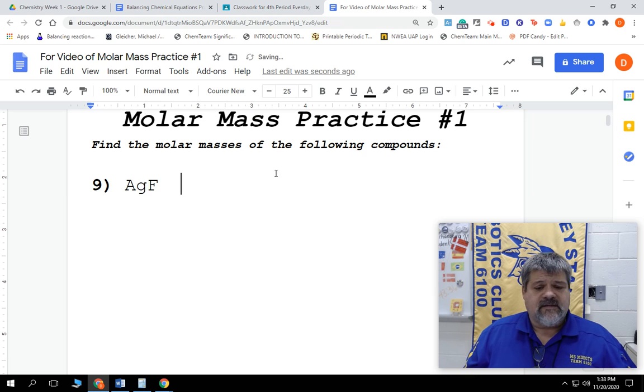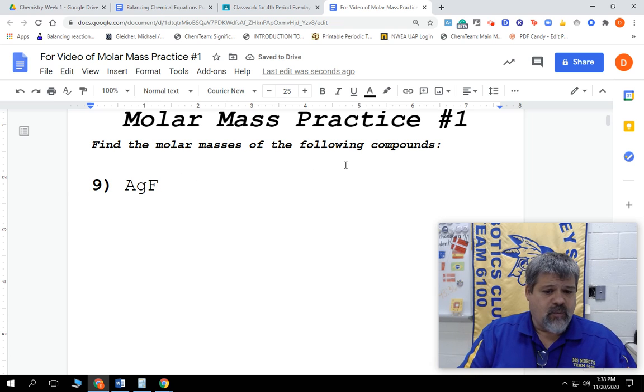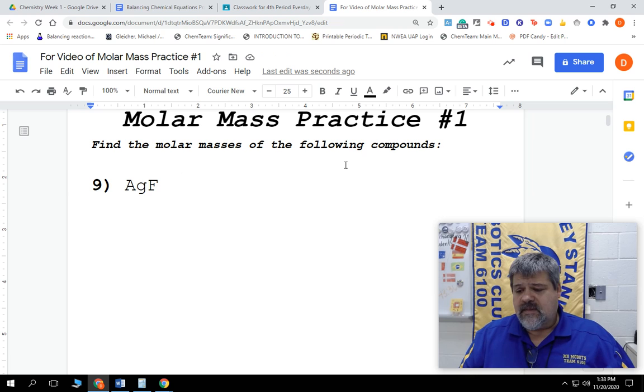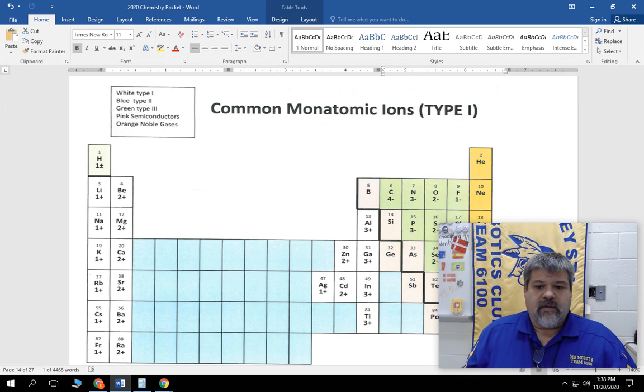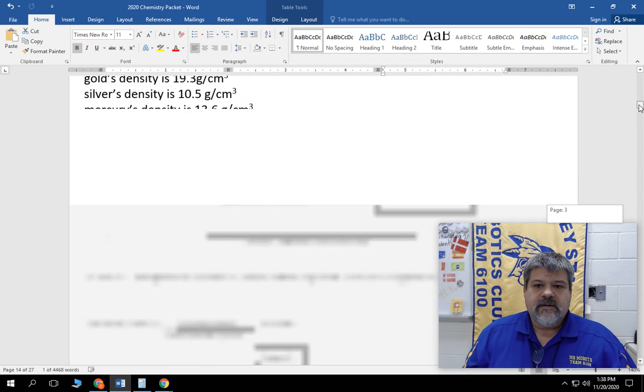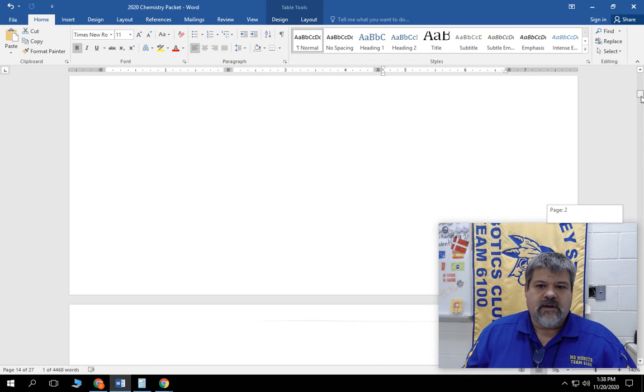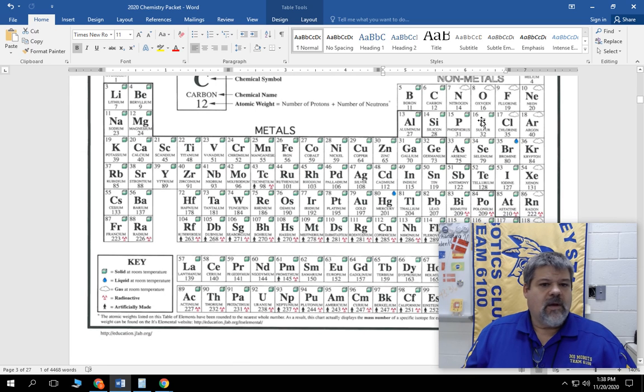And to name this, if you remember the rules for type 1, we just name the metal, and we change the ending on the nonmetal to "ide". So Ag is silver. And then F, let's go back to the periodic table and find F. F is right here, and that is fluorine.